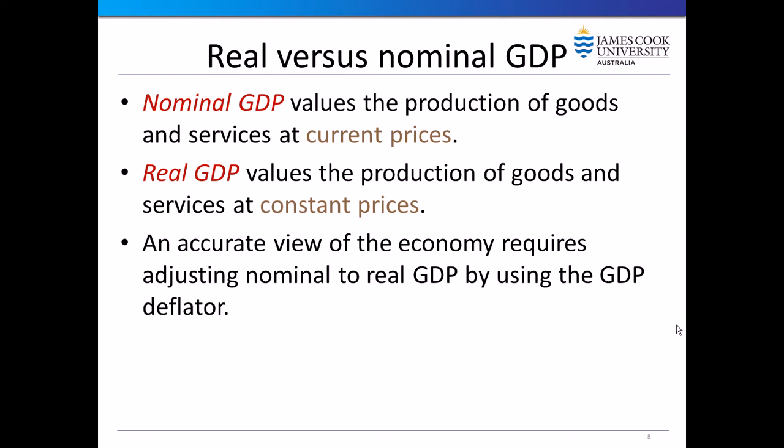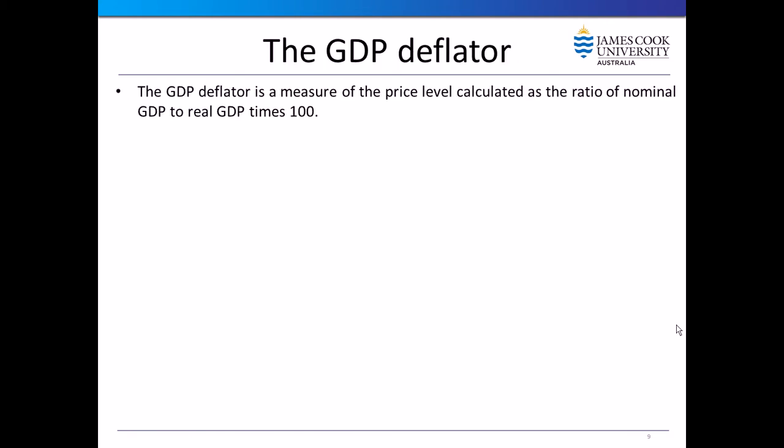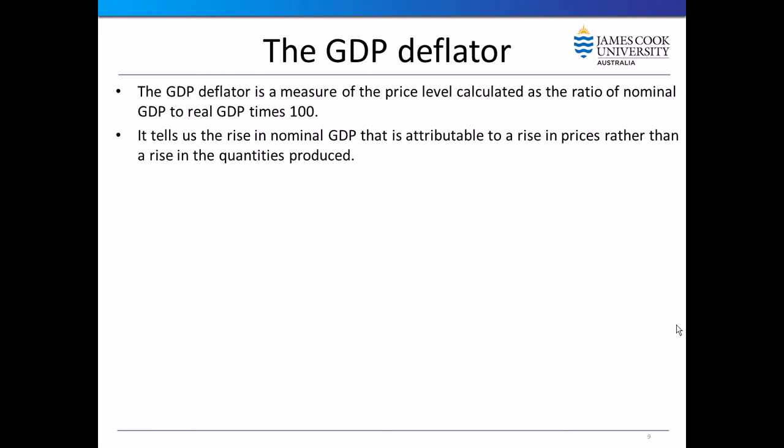So what is the GDP deflator? GDP deflator is a measure of the price level calculated as the ratio of nominal GDP to real GDP times 100. So it tells us the rise in the nominal GDP that's attributable to a rise in prices rather than a rise in quantities produced.